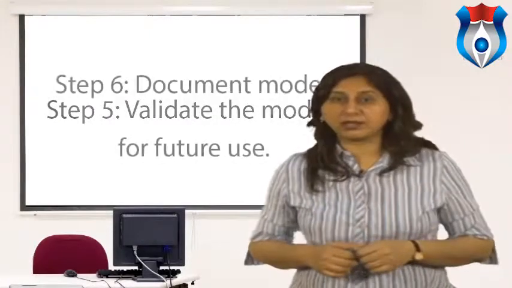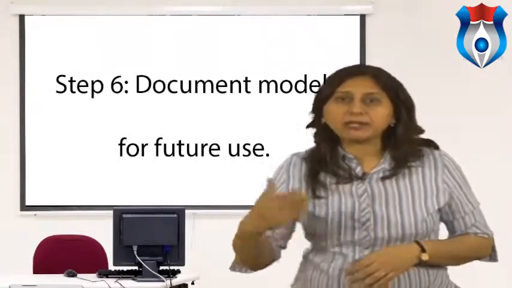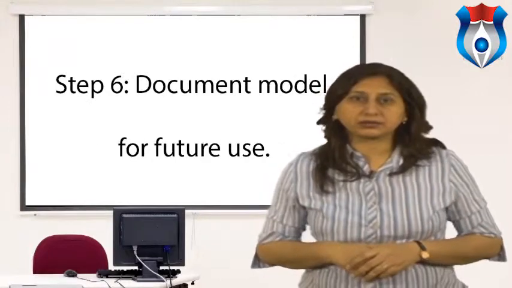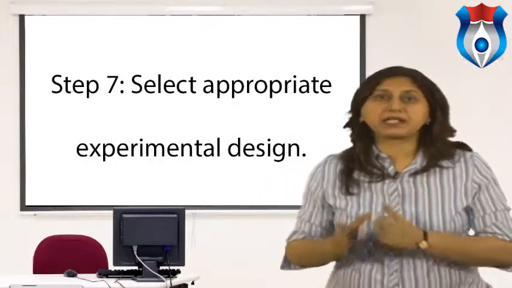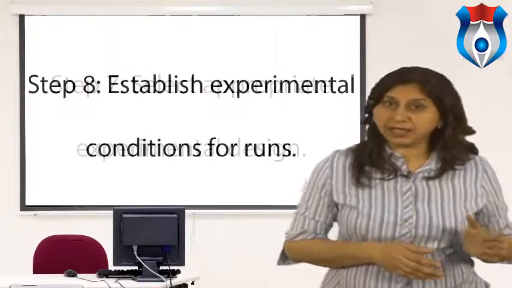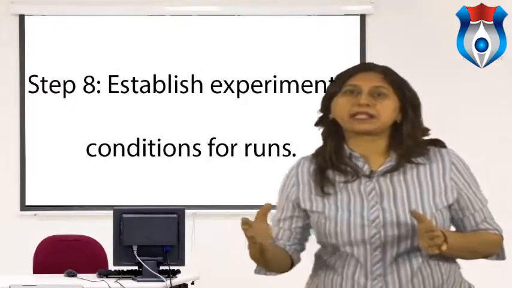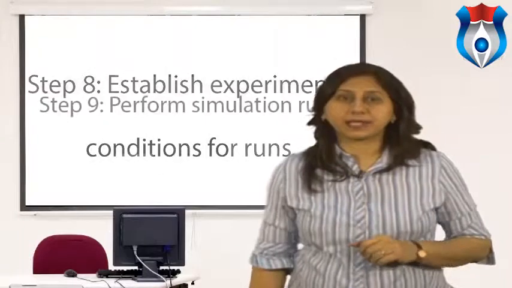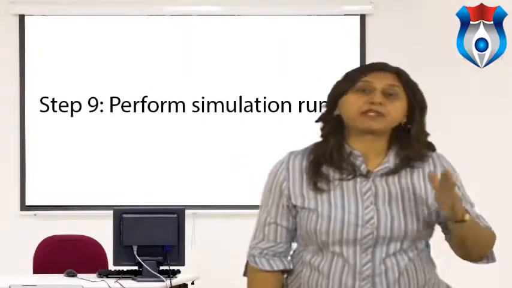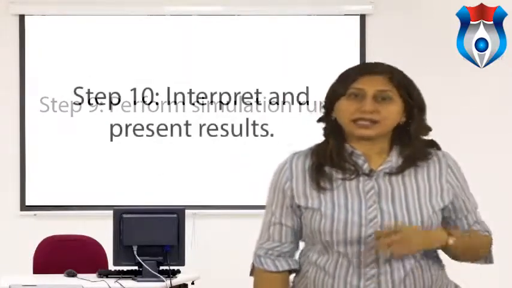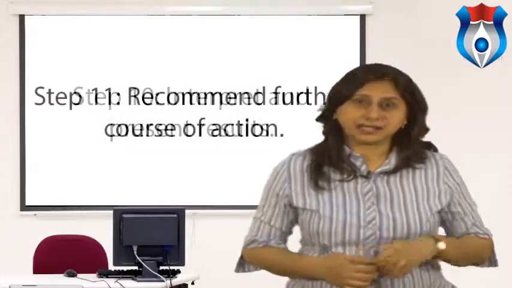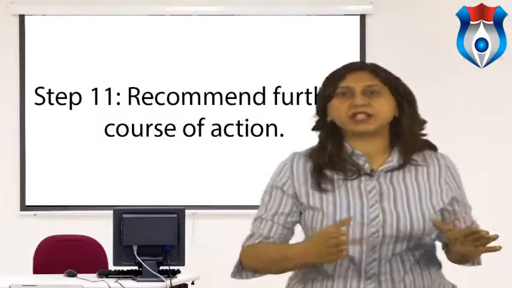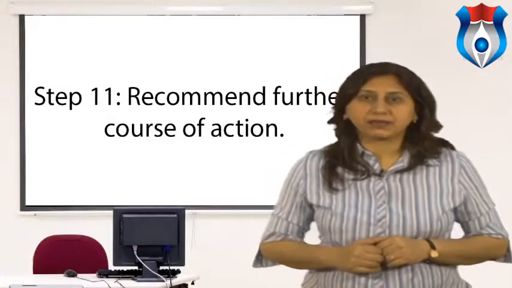Validate the model. Step 6. Document model for future use. Step 7. Select appropriate experimental design. Step 8. Establish experimental conditions for runs. Step 9. Perform simulation runs. Step 10. Interpret and present results. Step 11. Recommend further course of action.